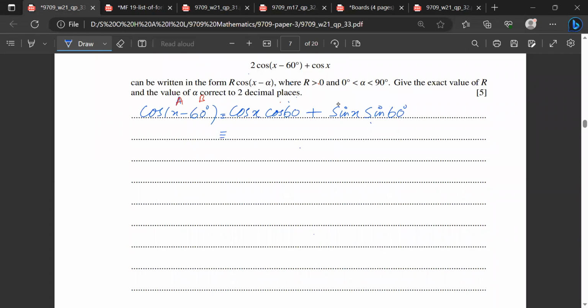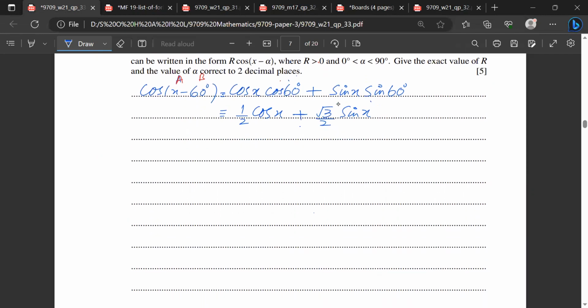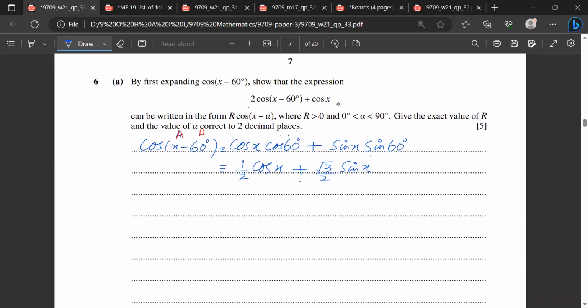You can use the value: cos of 60 degrees is 1 over 2, so 1 over 2 cos x, plus sine of 60 degrees is root 3 over 2, so root 3 over 2 sine x. You can use a calculator for this, or write them directly. These are the standard angles, 60 degrees. So cos of 60 is 1 over 2 and sine of 60 is root 3 over 2. So this is the expansion of cos of (x minus 60).